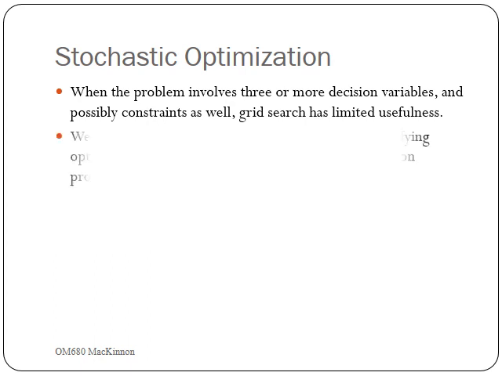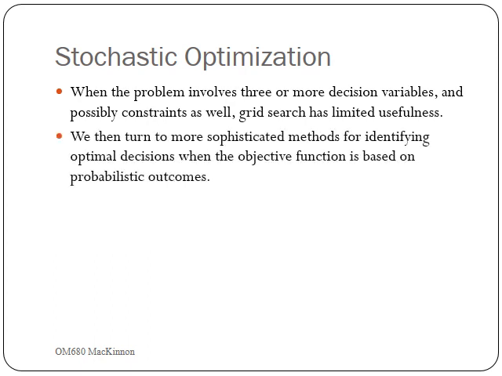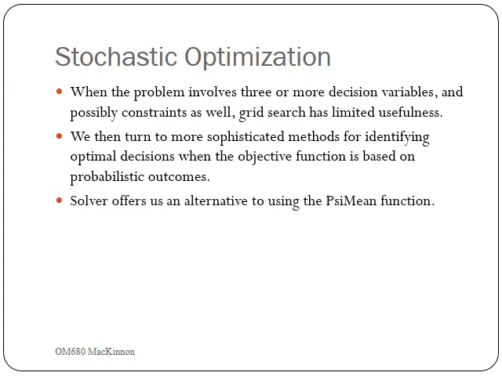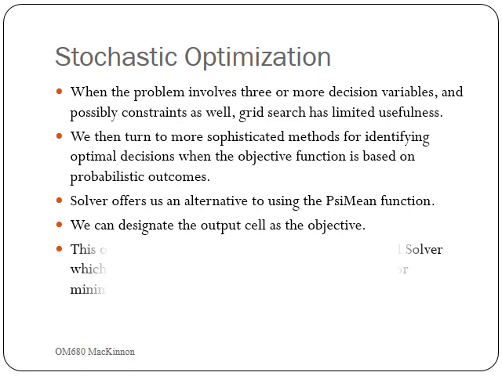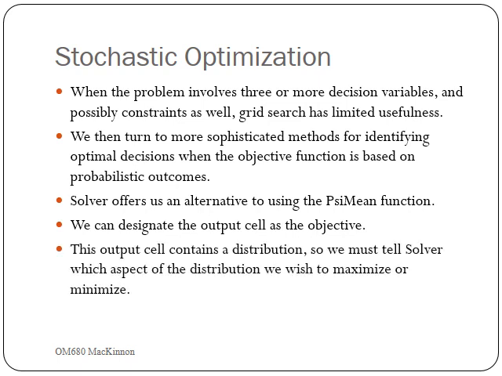Okay, so we need to turn to more sophisticated methods. All right, and so we can use Solver as part of Analytic Solver Platform. All right, we designate the output, as you might have guessed, and the output cell will contain a distribution. All right, so we have to tell Solver what part of the distribution we wish to maximize or minimize.